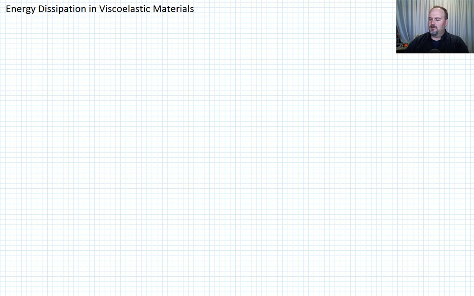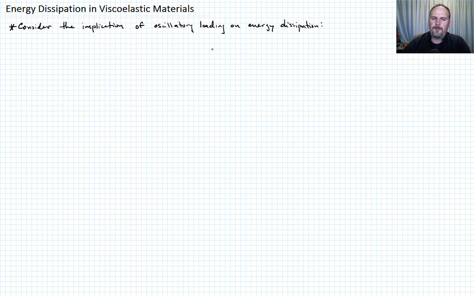Okay, so let's go ahead and just consider a cyclic load. Let's consider the implication of oscillatory loading on energy dissipation. Okay? So let's think about the elastic case first. Not the viscoelastic, just the elastic. So in the elastic case, here's our stress-strain axis.